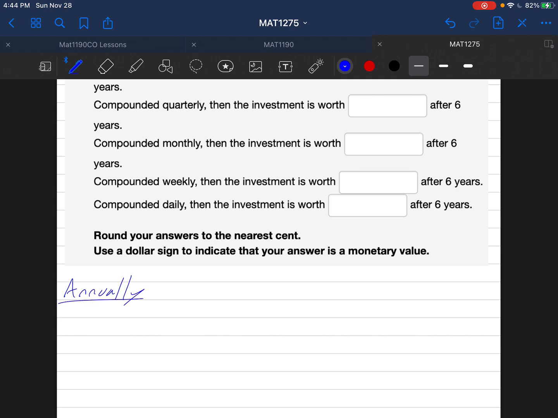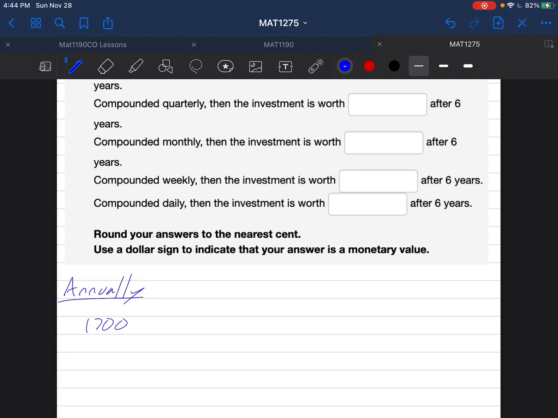Annually, we have a principal of $17,000 multiplied times 1 plus an interest rate of 0.0475. That is 4.75 divided by 100 to get our decimal value, a growth rate of 0.0475.